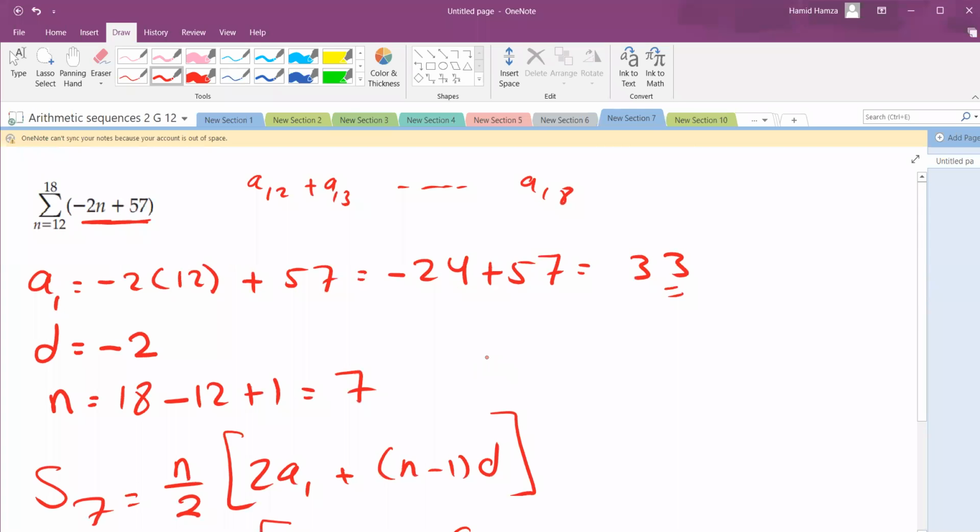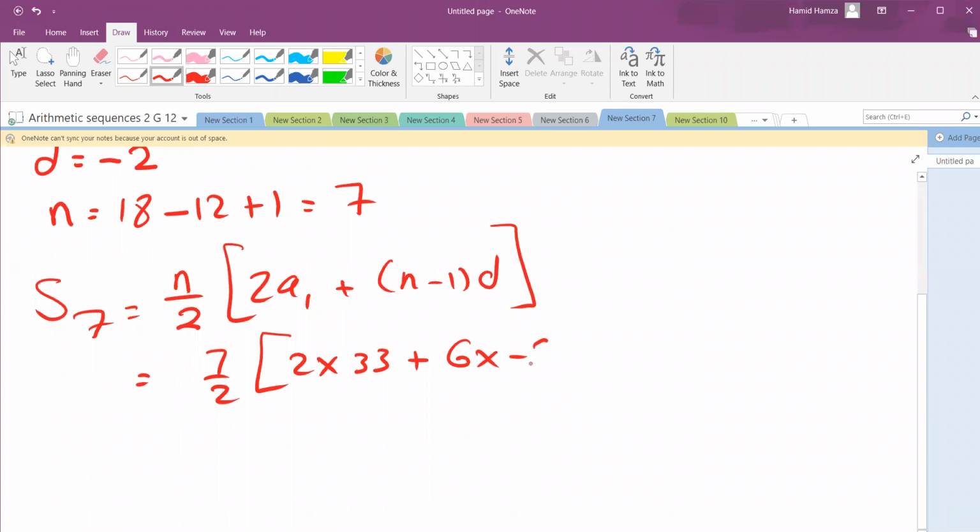D in this case is negative 2. So the answer, please. 189. So any question about this part?